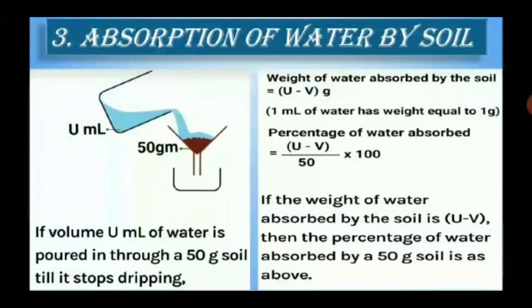In this way, we can calculate the percentage of water absorbed by any sample of soil. So I hope, students, you understood all these three different properties of soil, and how we can calculate the rate of percolation, and the percentage of water absorbed.